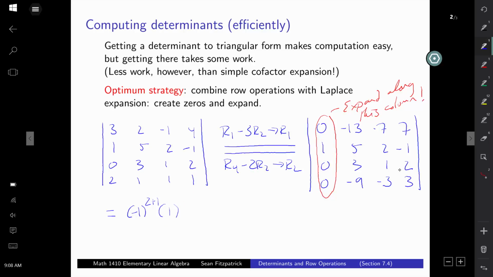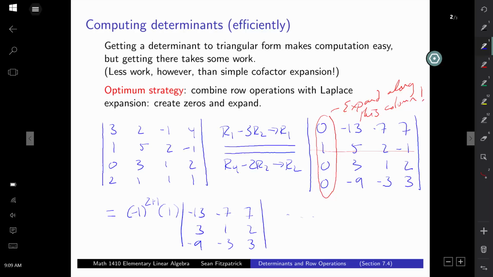And then I get the 3 by 3 minor obtained by deleting that column and the corresponding row. So I get minus 13, minus 7, 7, 3, 1, 2, minus 9, minus 3, 3. Okay, and then you proceed from there.